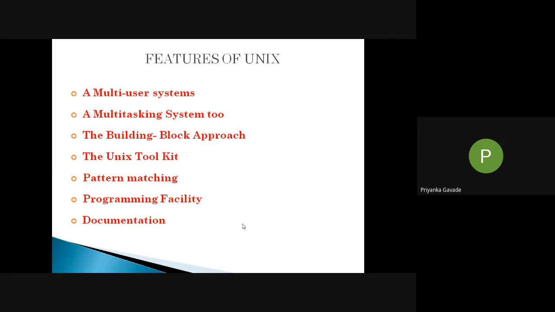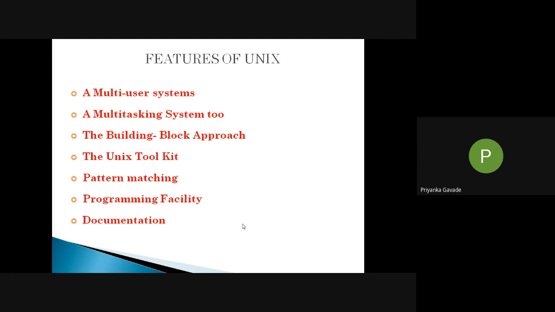So the Unix operating system is designed such that it allows multiple users to concurrently share both the hardware as well as the software of the system. Similarly, when I say it's a multitasking system, it means that the Unix operating system allows the user to run more than one program at a time.